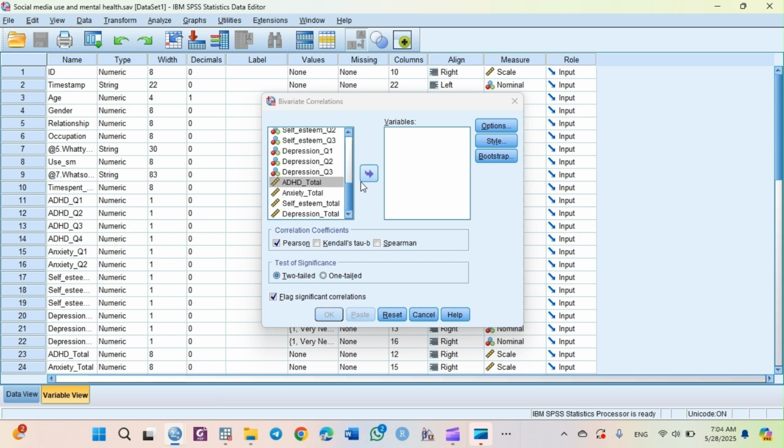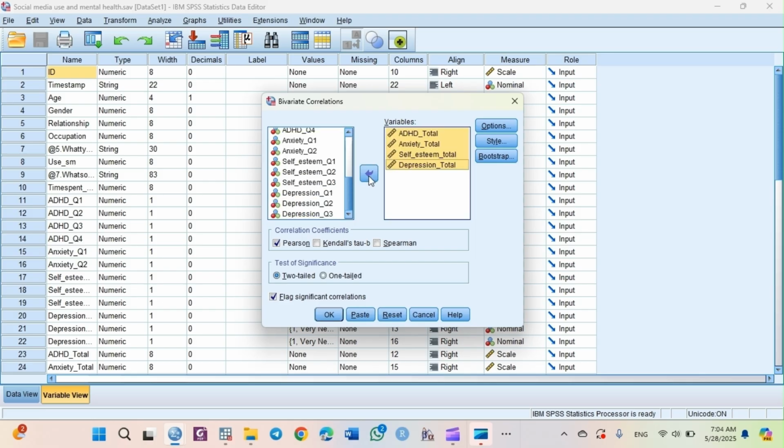Let's bring our variables, the mental analysis variables, to this box. After bringing the variables, here we have correlation coefficients for Pearson, Kendall, and Spearman.